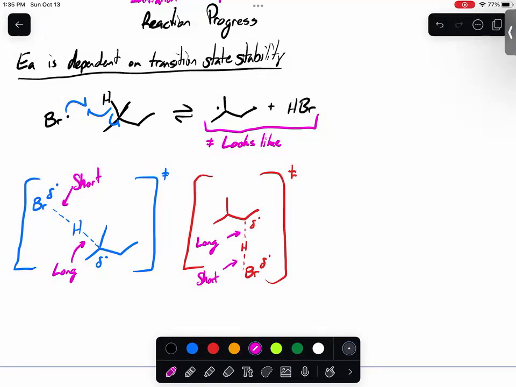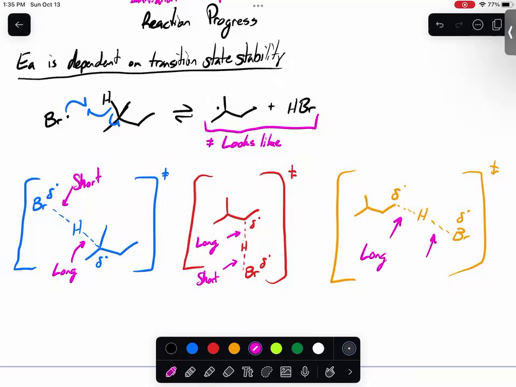And then same thing with our last one, the orange trace. We have our carbon-hydrogen bond breaking, that HBr bond forming, and then, of course, with some partial radicals. And just like the other cases, that CH bond is long, the HBr bond is short.